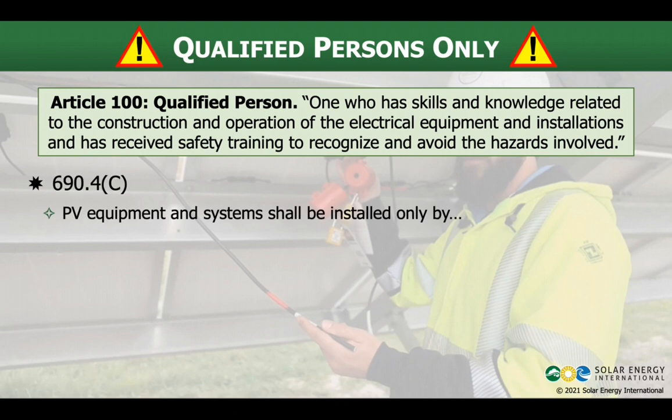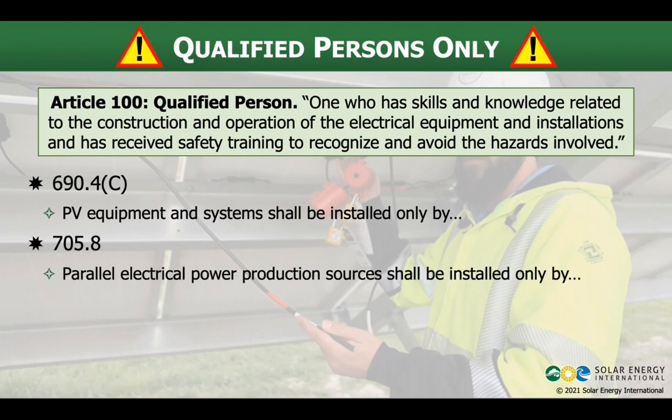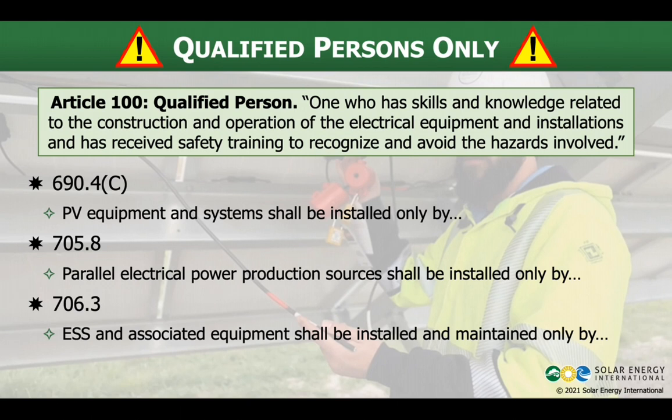And we want to realize that there is a requirement for qualified persons called out specifically: 690.4(C), PV equipment and systems shall be installed only by qualified persons. 705.8, parallel electric power production sources shall be installed only by qualified persons. And even in the energy storage article, 706.3, energy storage systems and associated equipment, you got it, qualified persons only.